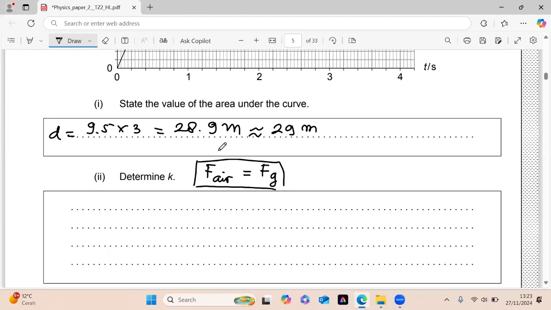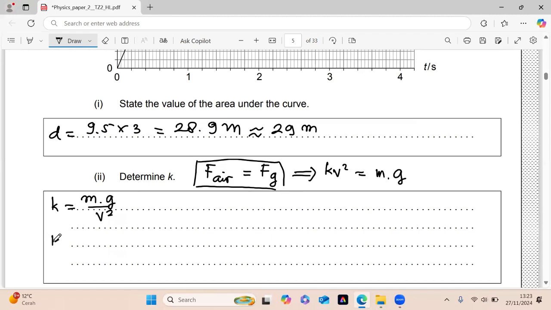So F air is K times V squared based on the previous information, and Fg equals M times G. Based on this equation, we can determine K. K equals M times G over V squared.